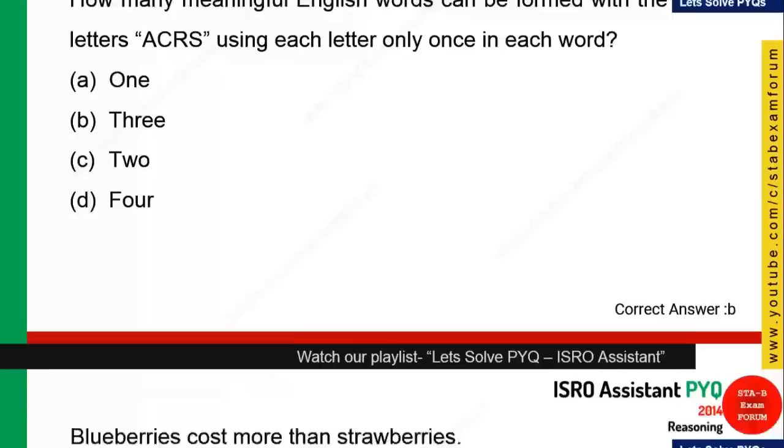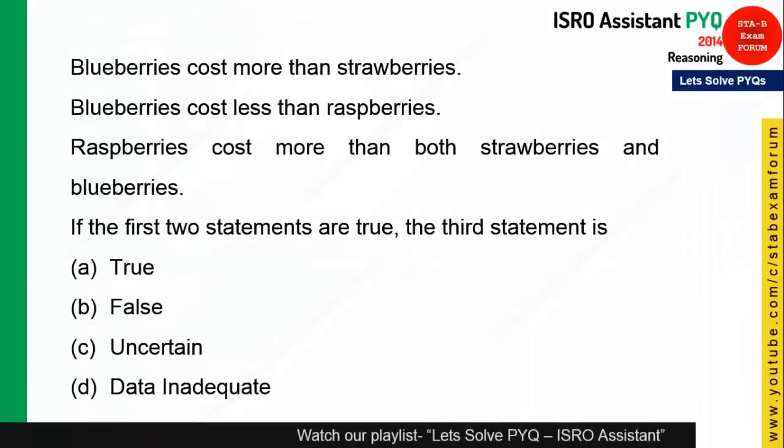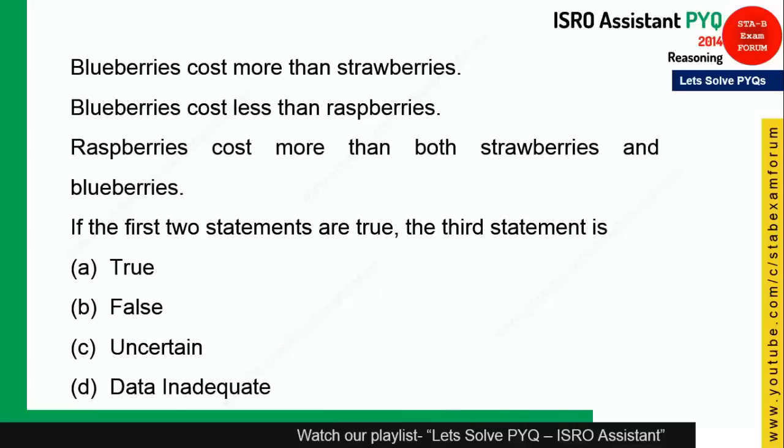Okay, let's solve the next question, and your time starts now. Student, this question is from logical reasoning. Okay, and time's up. Let's solve this question. Blueberries cost more than strawberries.